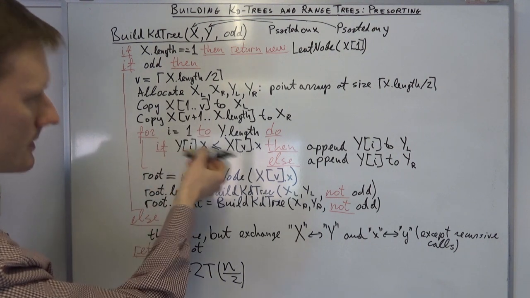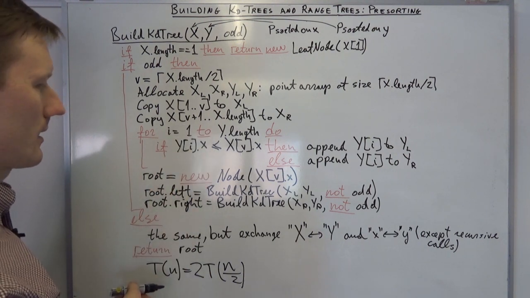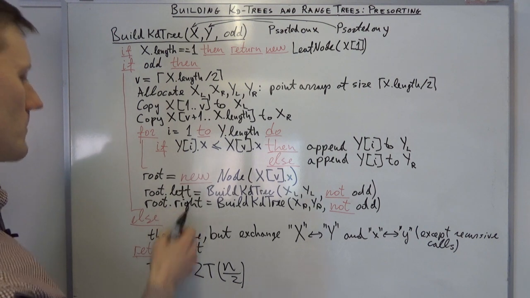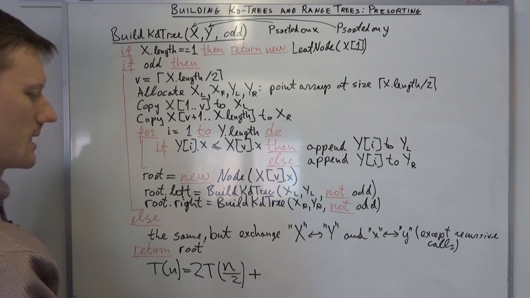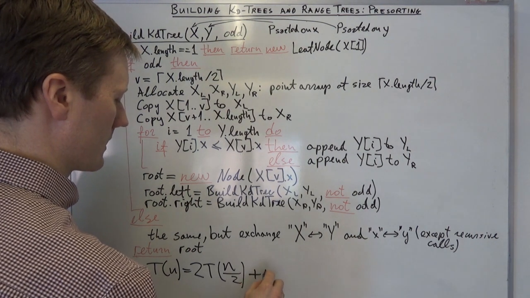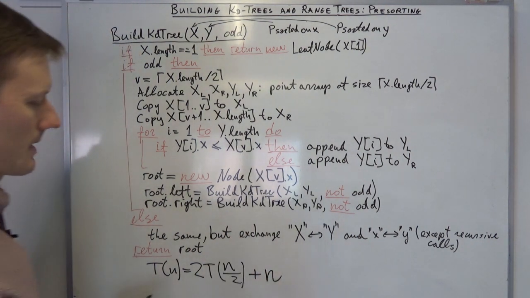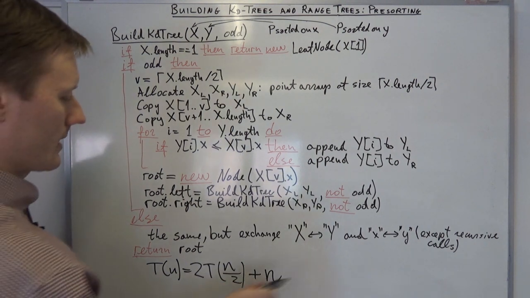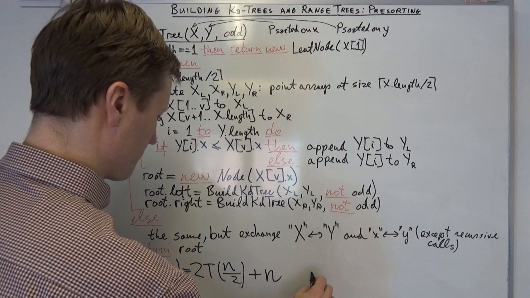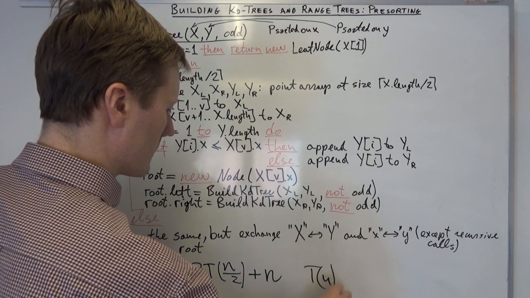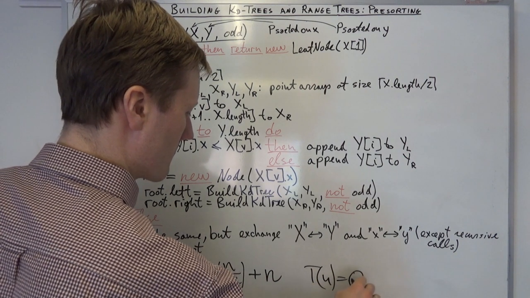Selecting from the Y into YL and YR is also linear. So all of that is linear. So instead of n log n, as we had in the previous example, now we have only n, and that obviously solves to the famous n log n.